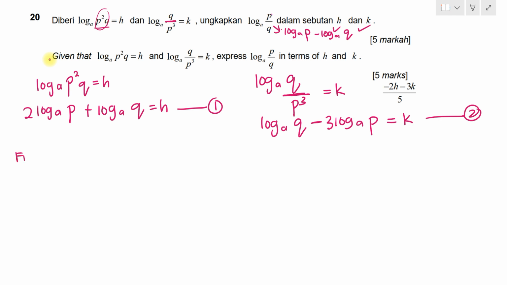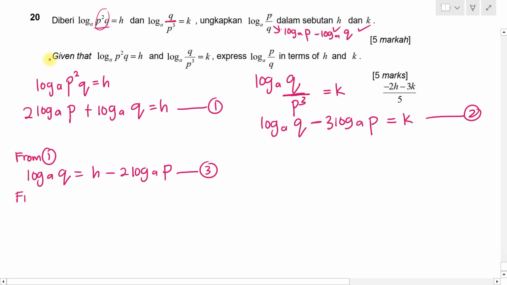Okay, from 1, I make log AQ the subject: log AQ equals H minus 2 log AP. This is equation 3.